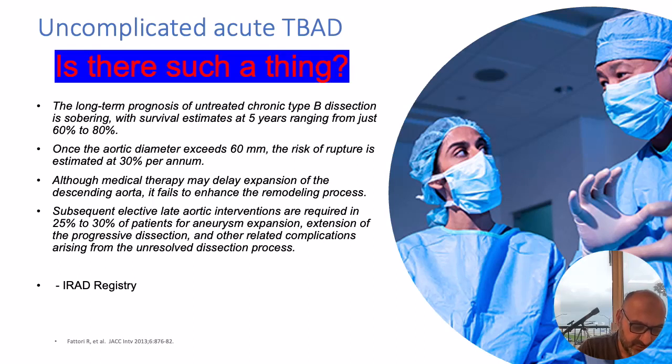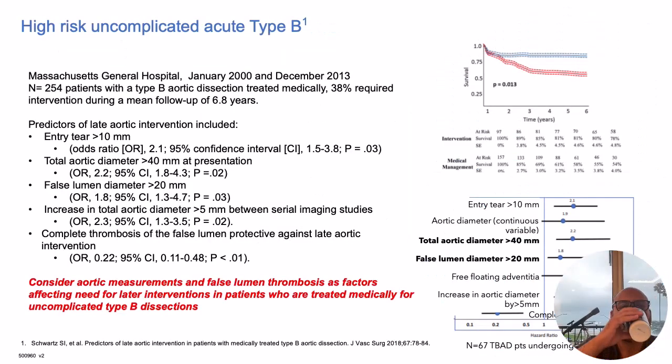I'm not saying you should do that, but it's not as important to have a leak. What's important is just to shut down the entry tear and basically tack that flap in acute dissection. In chronic dissection, it's a real aneurysm, and it has to be treated as such. A lot of the time these patients don't have enough landing zone, or have a steep arch or what have you. They require different procedures for that.